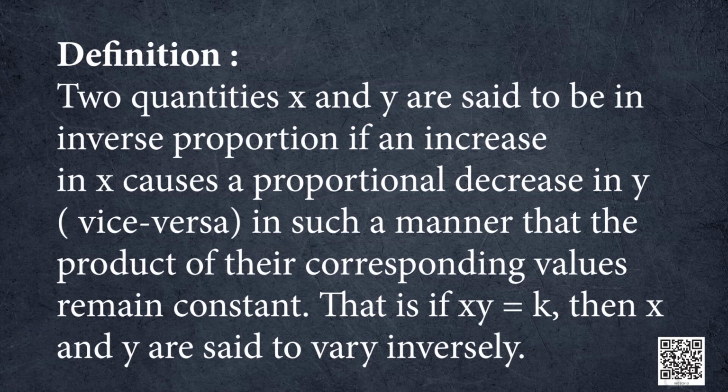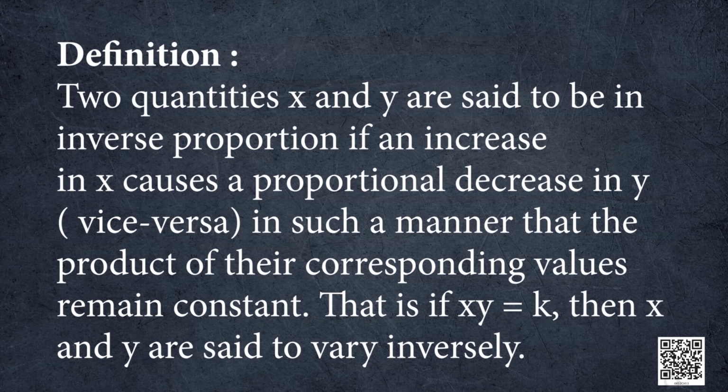So, now we can conclude as two quantities x and y are said to be in inverse proportion if an increase in x causes a proportional decrease in y or vice versa in such a manner that the product of their corresponding values remain constant.